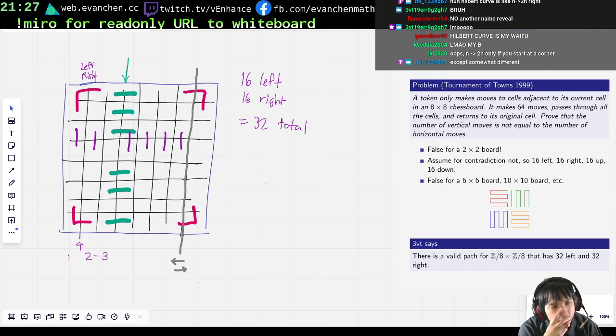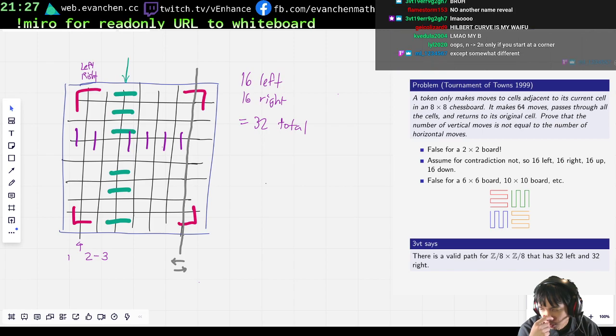N gives 2n if... only if you start at a corner? I mean, it's a loop, sure you can start at a corner.